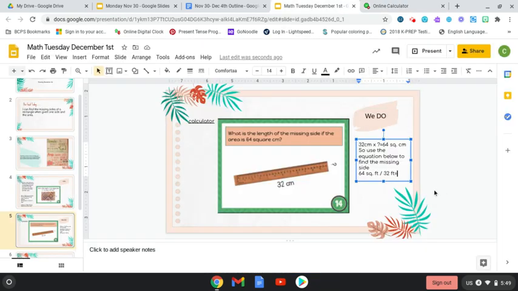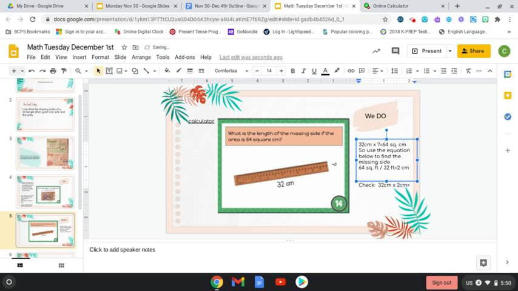So the missing side length is 2 centimeters. And that even makes sense when I look at the picture, because this is such a small side and this is a very long side. If I take that equation from before to find the area, I would say 32 centimeters times 2 centimeters.